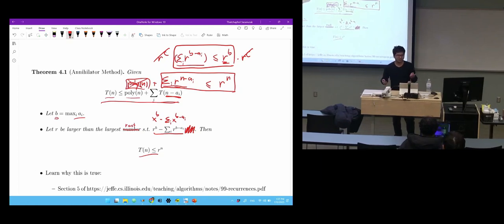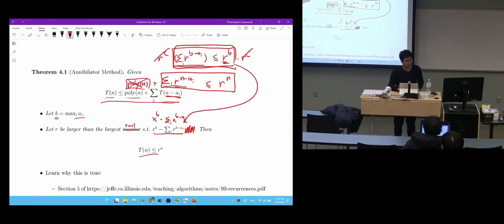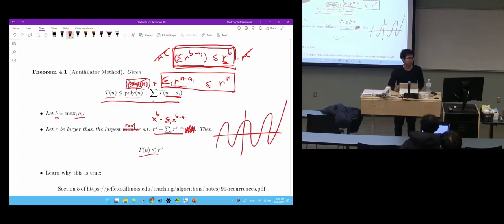It must be larger than the largest root of this, which is just the same polynomial here. And how does a polynomial look? When you plot a polynomial, it looks like this.